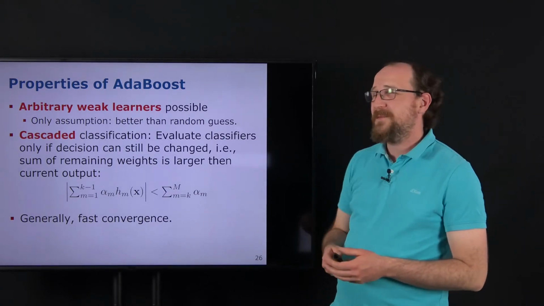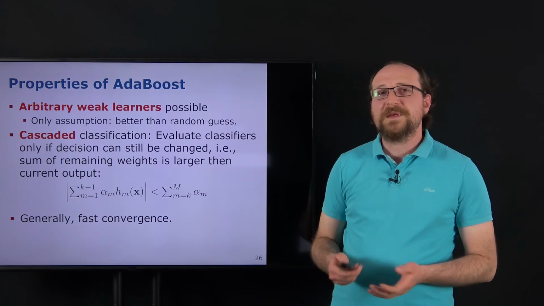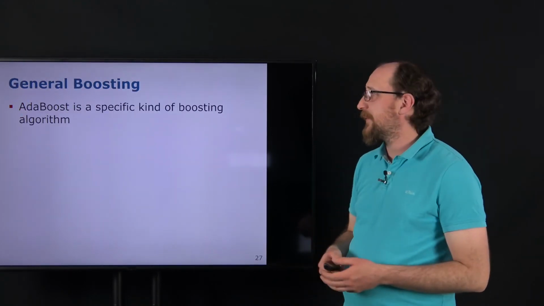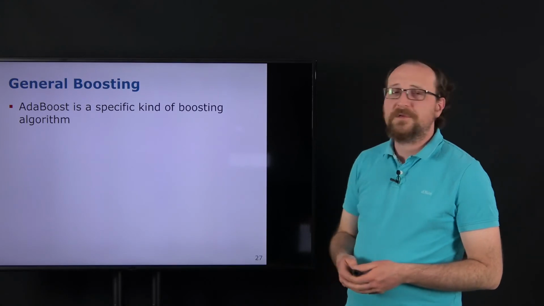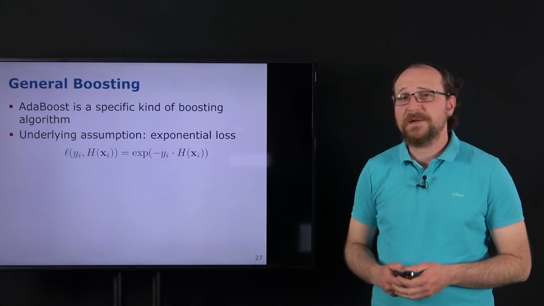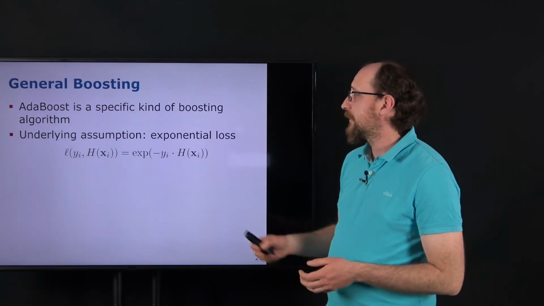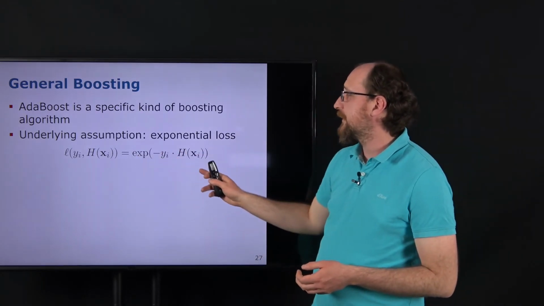And the question is, can we maybe do something to make it more general? And the thing is, AdaBoost is a specific kind of boosting algorithm. So the underlying assumption was that we have the so-called exponential loss. Here the exponential loss is formulated like this.